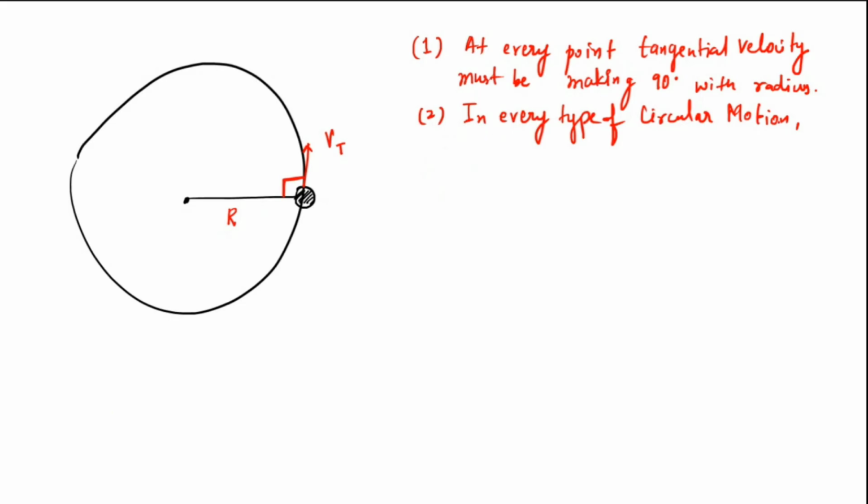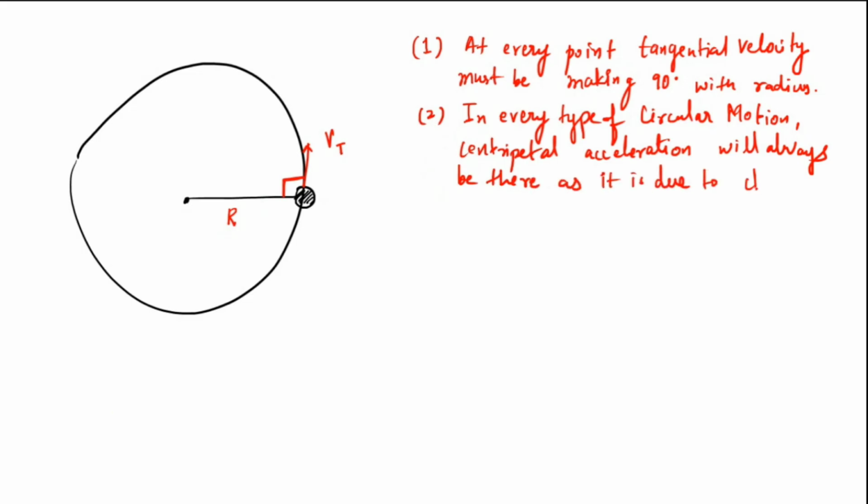Yeah, so in every type of circular motion, centripetal acceleration will always be there, as it is due to the change in direction of velocity of the object.